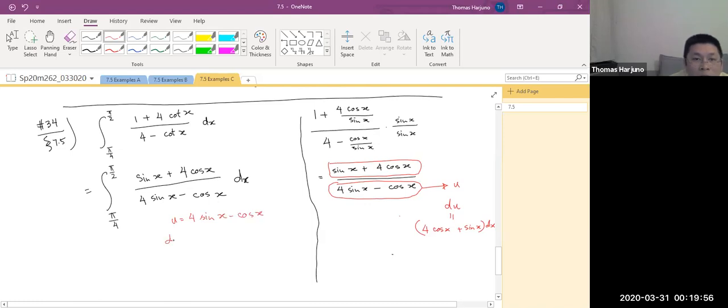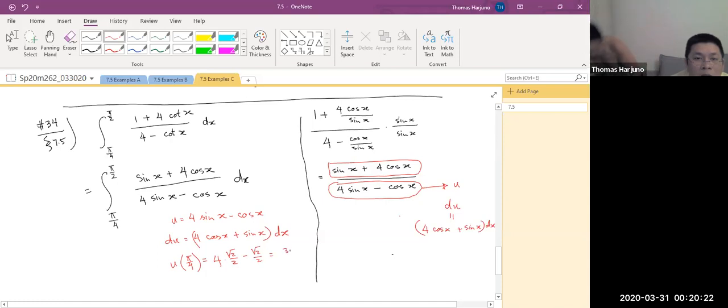So du will be 4 cosine x plus sine x dx. And u of pi over 4 will be 4 times sine pi over 4, which is radical 2, minus cosine pi over 4, which is radical 2.